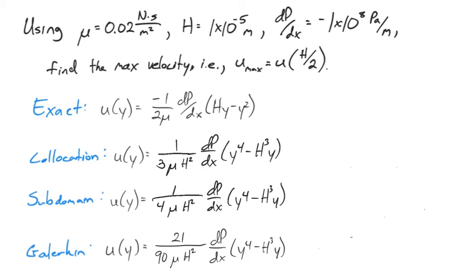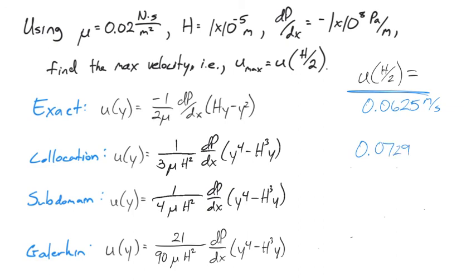For u at h over 2 for each of our functions, for the exact solution, it's equal to 0.0625 meters per second. For the collocation method, it's 0.0729 meters per second there at the center of the channel.